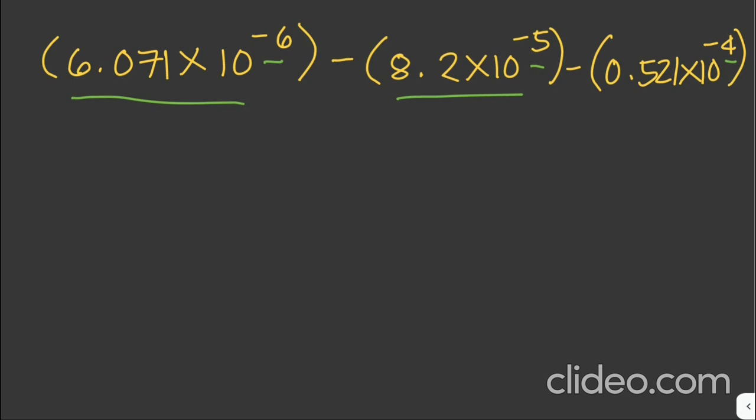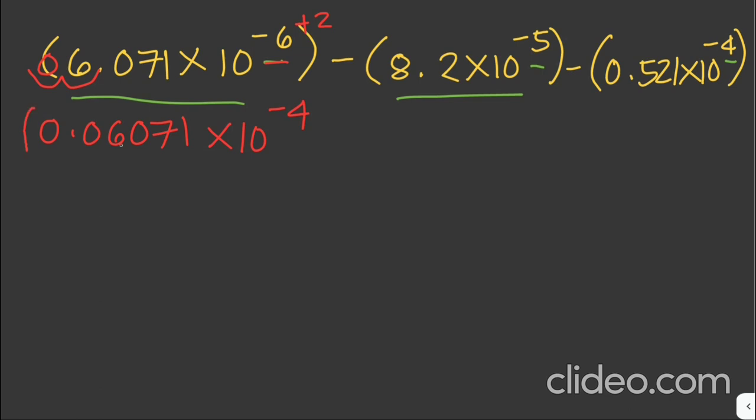So for the first one, we have an exponent of -6. In order for -6 to become -4, we just have to add 2 here. So that means we move the decimal point to the right 2 times. So that'll be 1, 2. And we add 0 here. So this number would become 0.06071 times 10 to the -4.